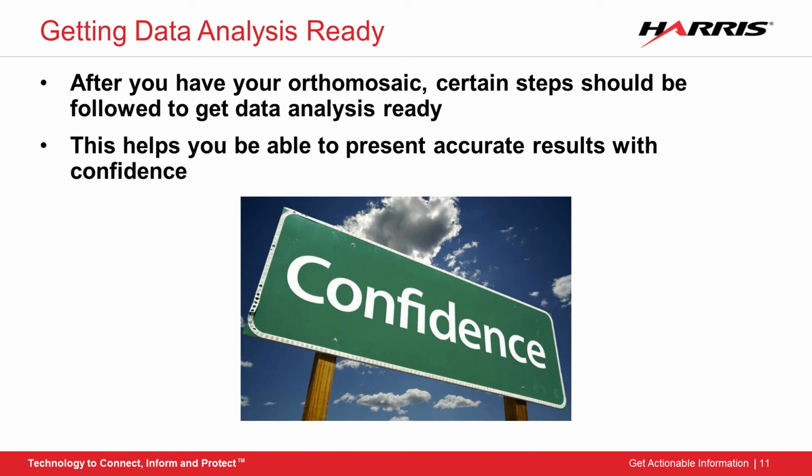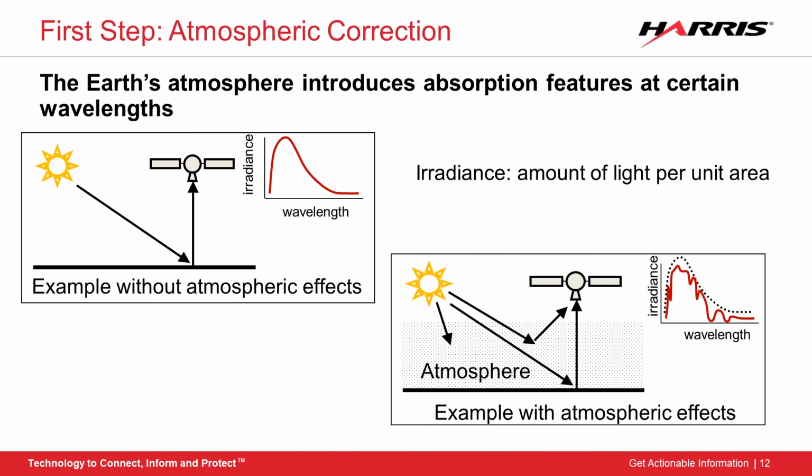Getting data analysis ready. It's not the most exciting stuff, but once you have your orthomosaic, there are certain steps you need to do to get your data analysis or ingestion ready.